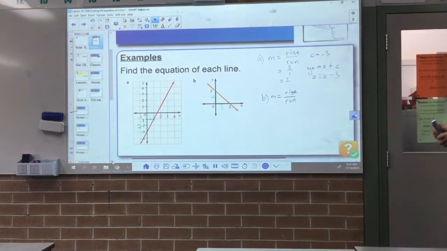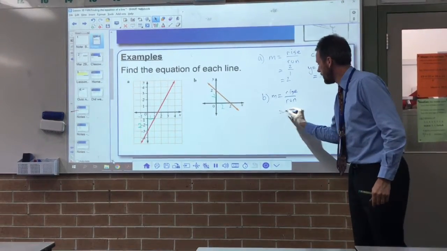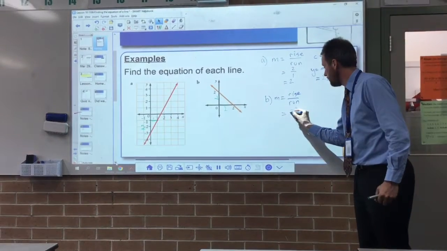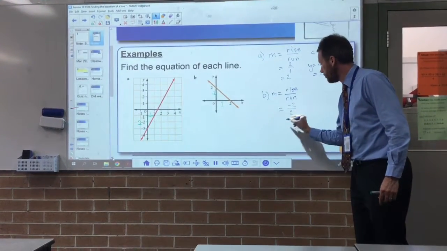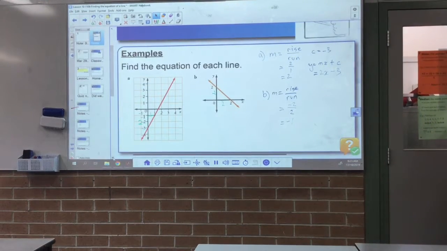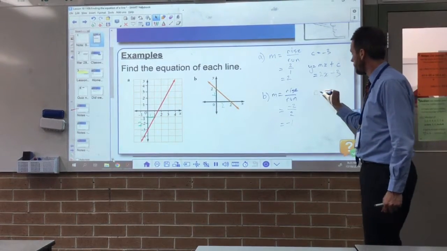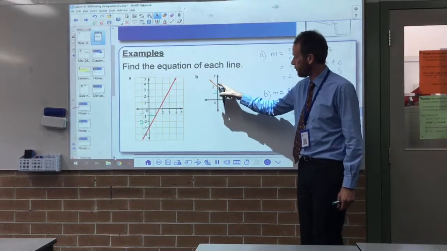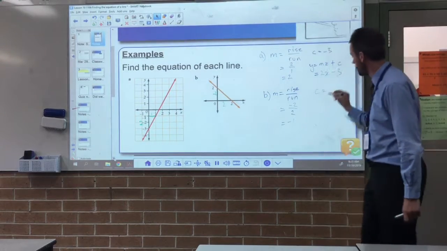Hopefully that's pretty straightforward. So again, we can substitute that in. Minus 2, watch out for that, over 2, which simplifies to minus 1. My constant, where it cuts the y-axis, happens to be just straight at 2.